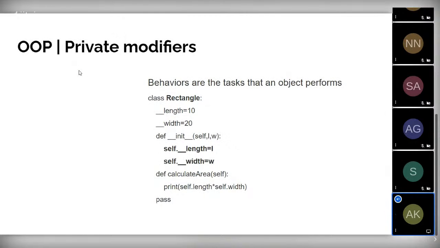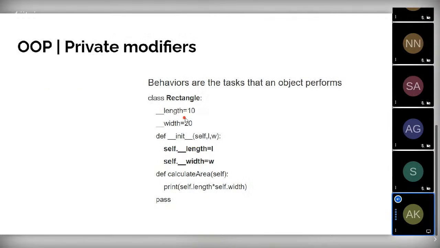These two things make us need to use private modifiers. So we use private modifiers when we do not want our data to be changed by anyone in the program. Is it clear what private members are? The syntax of private members is that we write a double underscore.